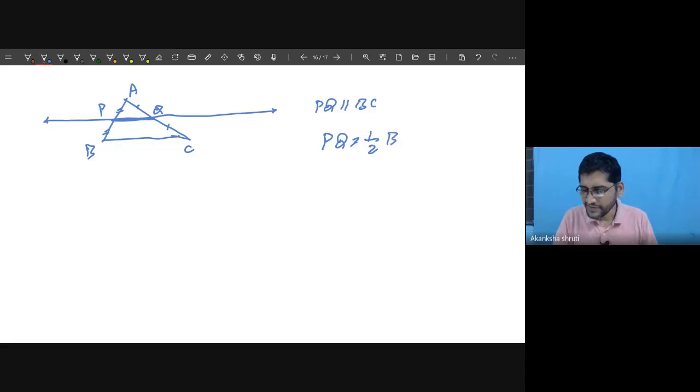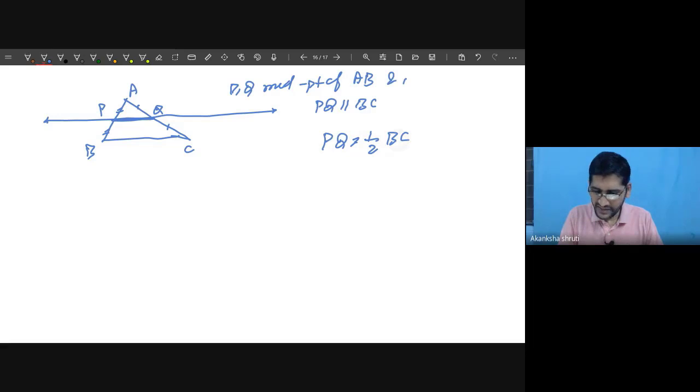What will the length of PQ be? It will be half of BC. So here the given thing is that P and Q are midpoints of AB and AC. So if P and Q are midpoints of AB and AC, then this PQ will be parallel to BC and PQ length will be half of BC.